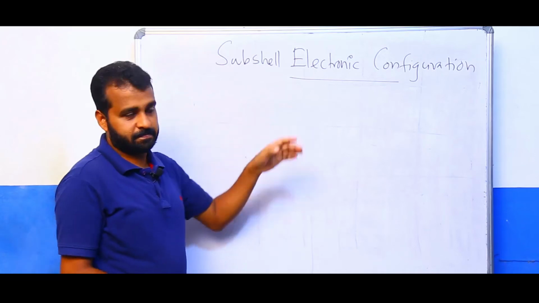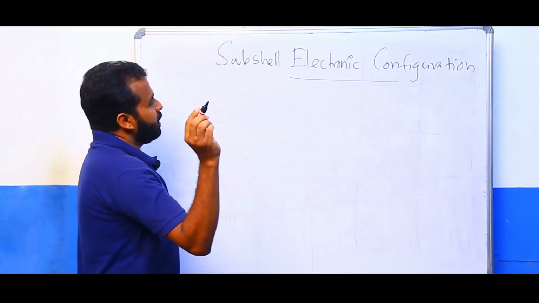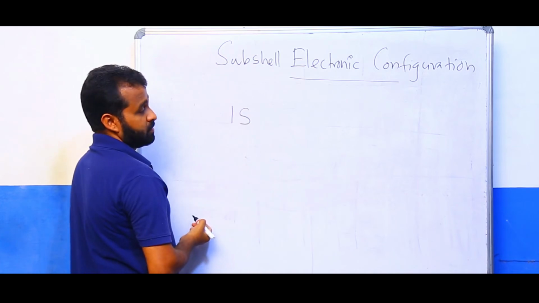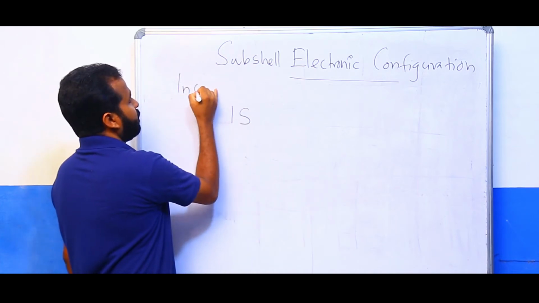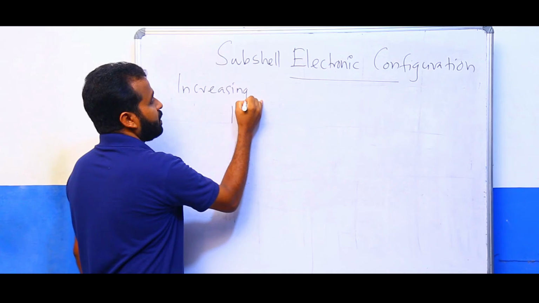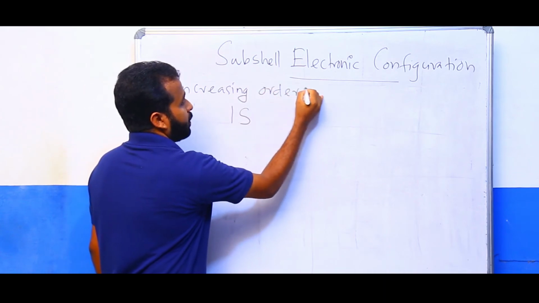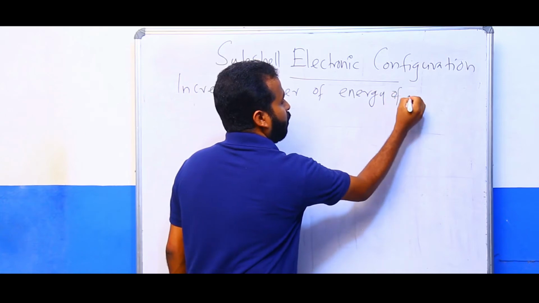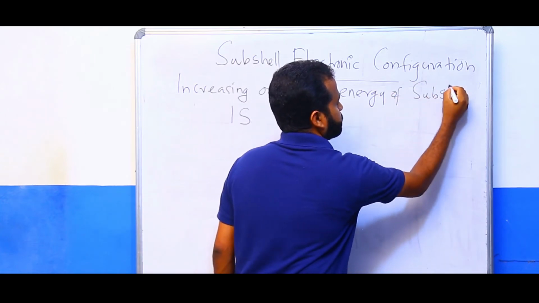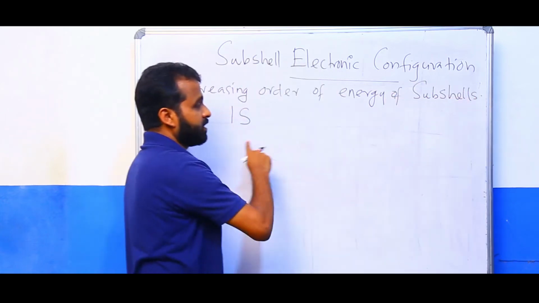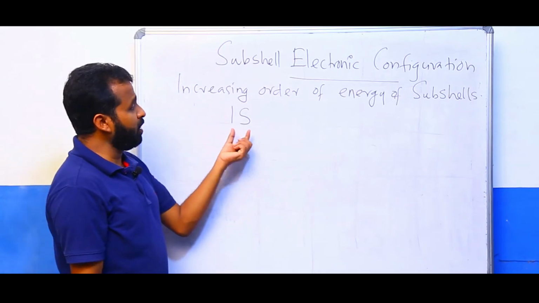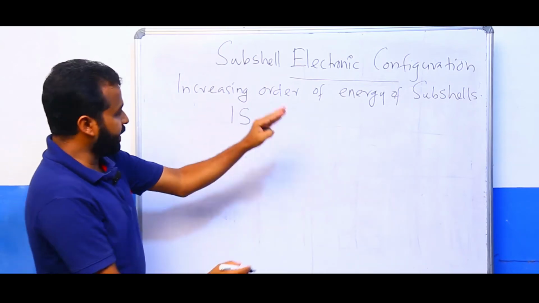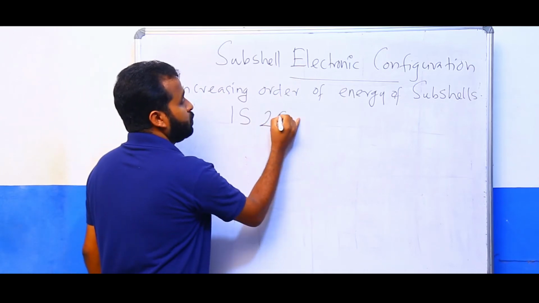Look at the board. This is the increasing order of energy of subshells. First of all, 1S subshell has the lowest energy. Then next subshell, 2S.